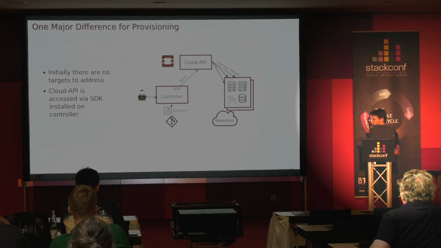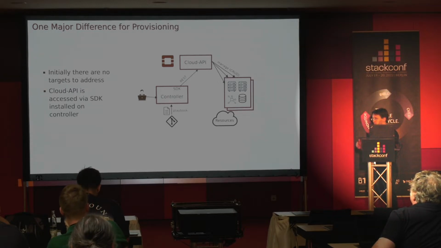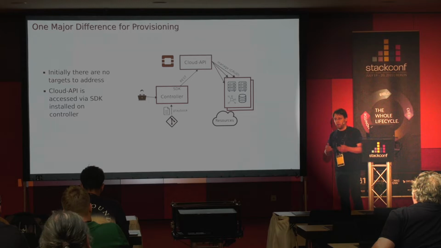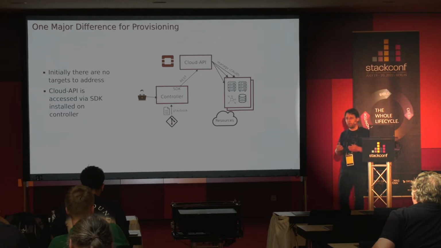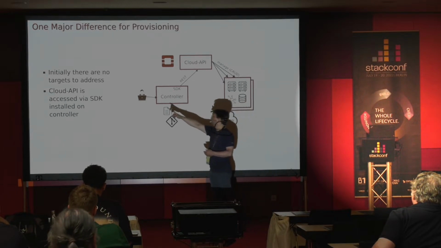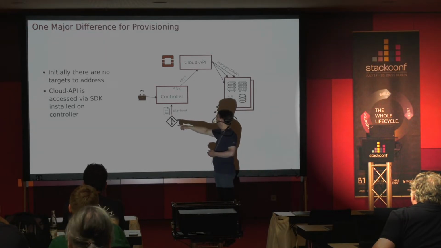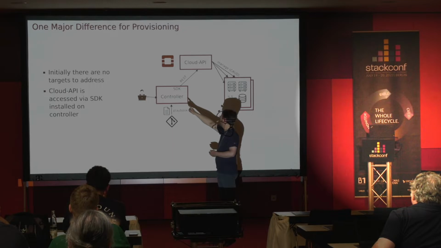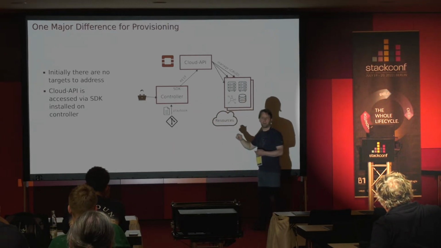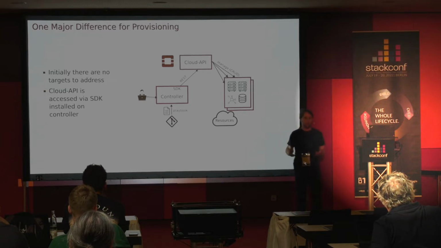And if we do the transition towards infrastructure provisioning, we have to change something. Again, we are here in front of our controller system, we check it out from a Git repository, but we cannot just do something with our infrastructure because initially there is no infrastructure.